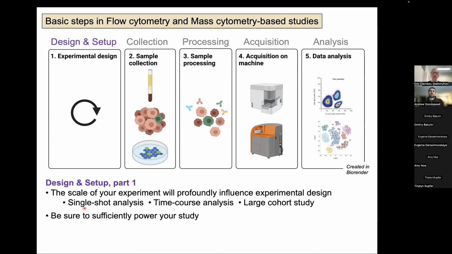Well, if you're looking at a single time point in a cell culture, or multiple time points if you're doing a time course in cells or in patients, or if you're doing a large cohort study, with each of these different levels of sophistication, it requires additional levels of controls to make sure that you are measuring consistent signals across time points, and that your analysis is not subject to batch variation.